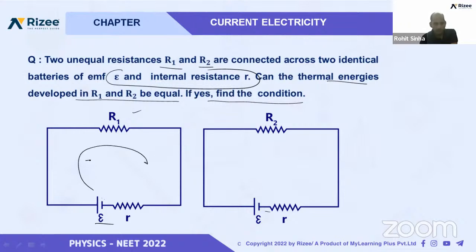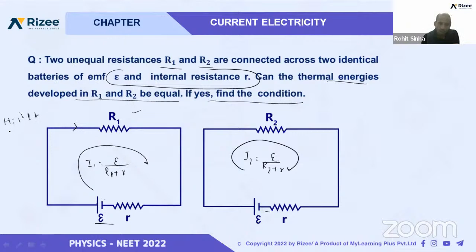We know I1 will be E by R1 plus r, and here I2 will be E by R2 plus r. Now we know the heat energy will be equal to I square RT.